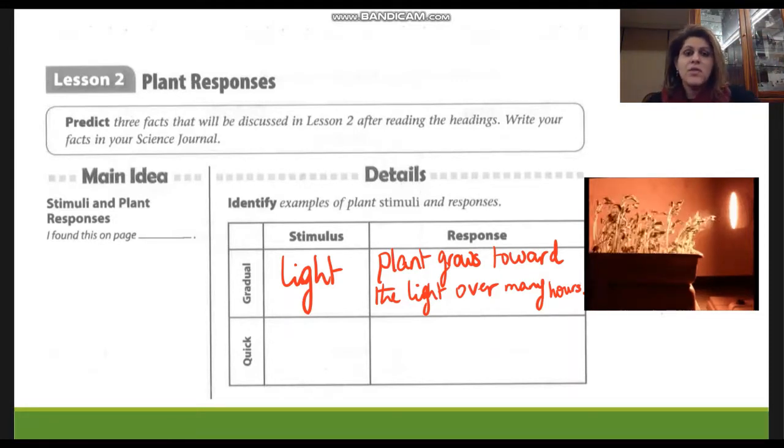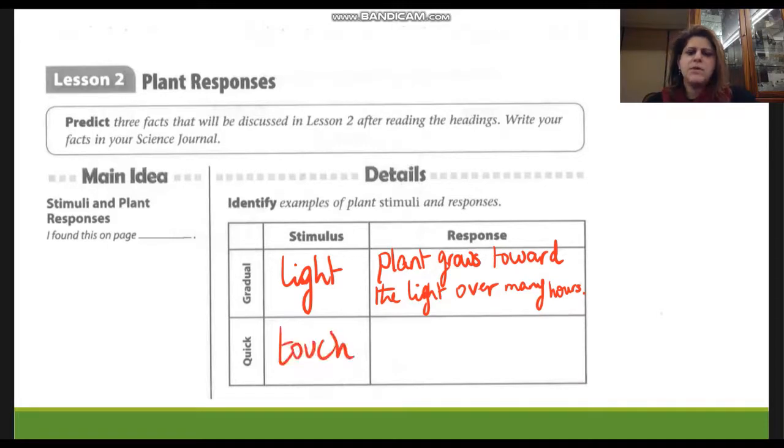So now what about the quick one? Example of a quick one, the touch. Once you touch a plant, well, depending, not every plant, okay? So some plants have this response of, for example, closing, closing on the frog, the example that you saw, like the carnivorous plants, okay? They will react somehow.